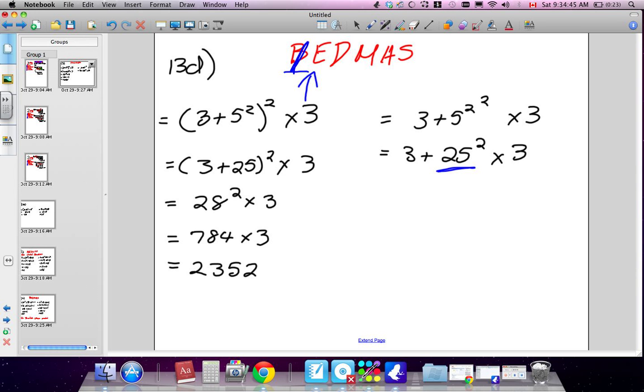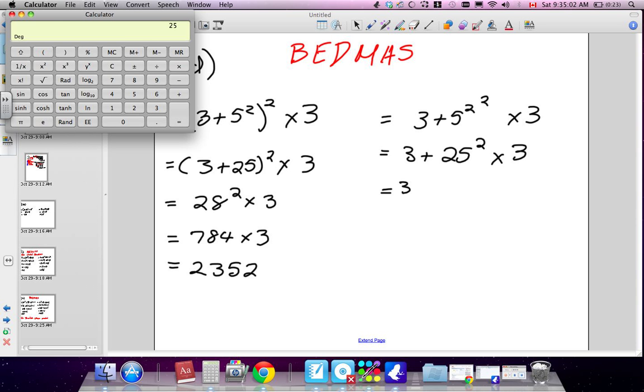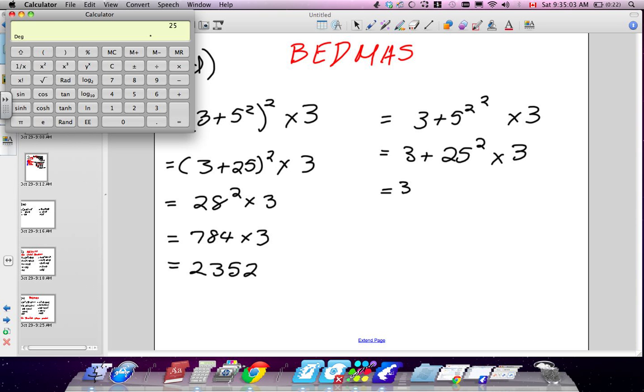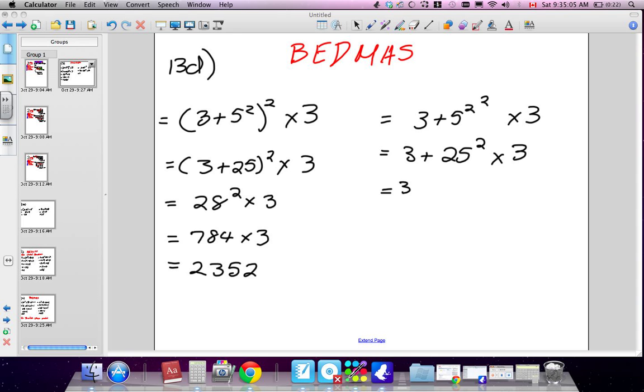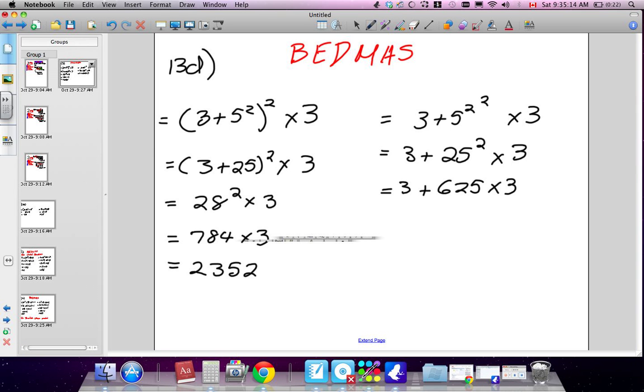and we still have the power of 2 here, times 3. Now, do we have any brackets? No. What comes next? Exponents. So I'm going to have to do this exponent next. So what is that? Let's look at our calculator. Our exponent would be 25 times 25, correct? It's going to change things. 25 times 25, 625.